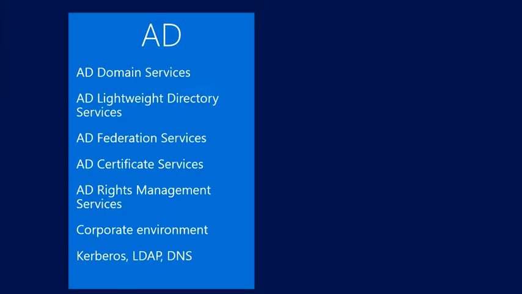Federation services sits on top of AD. It allows you to federate with other security token services and for software as a service applications. Certificate services allows you to manage your certificates. Rights management is for digital media, who can read, who can write, who can copy, who can forward, who can print. It's very corporate, and it uses Kerberos and LDAP as the protocols.